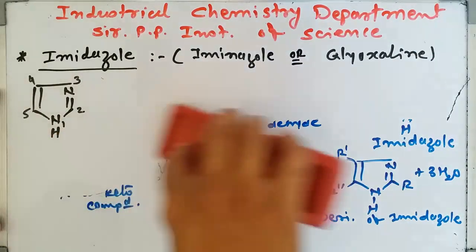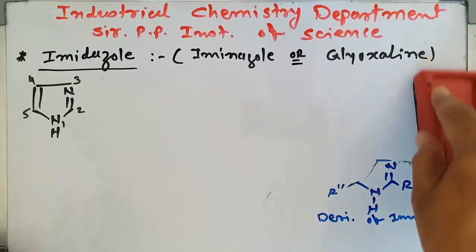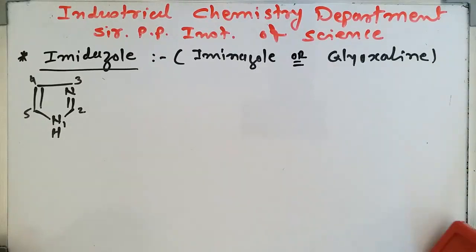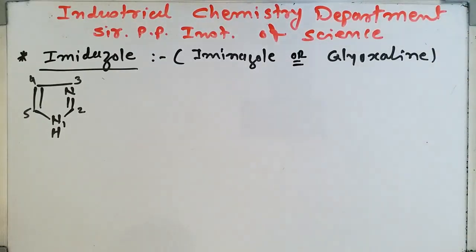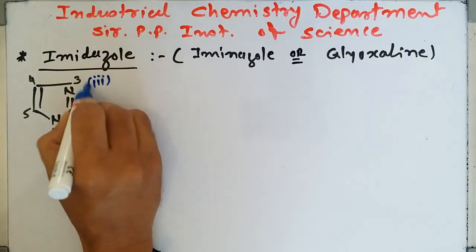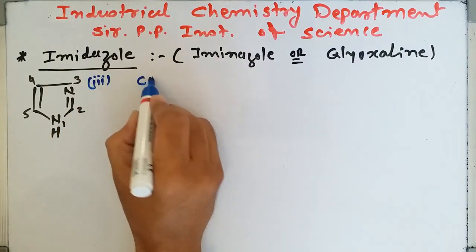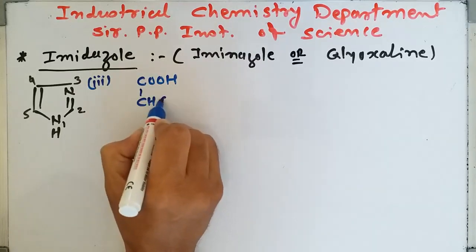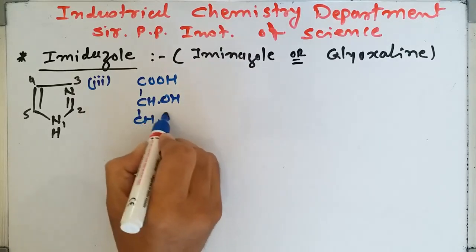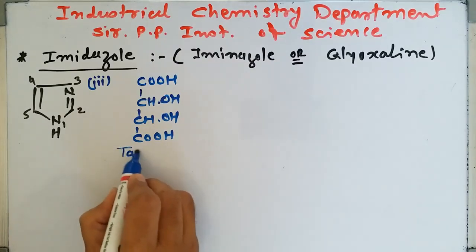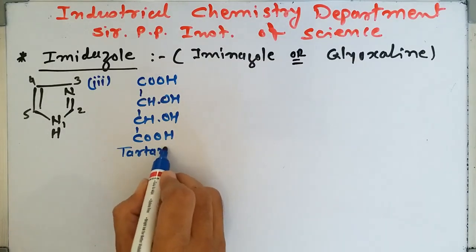We start the preparation with tartaric acid, a dicarboxylic acid with COOH groups.